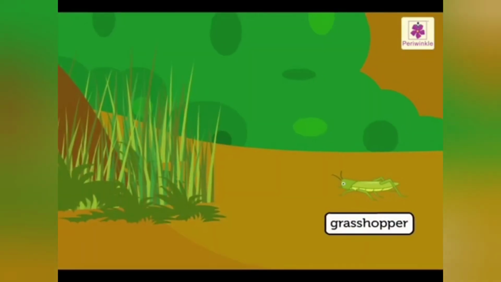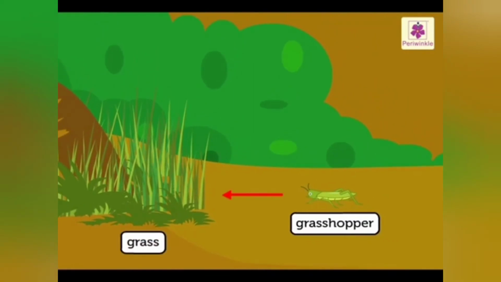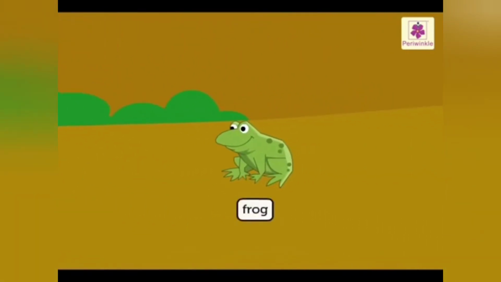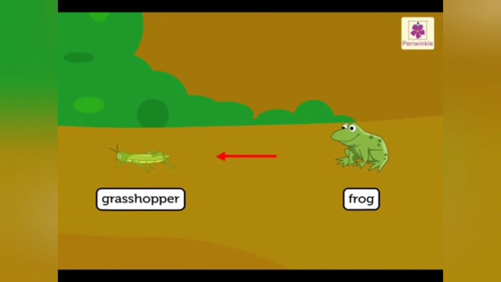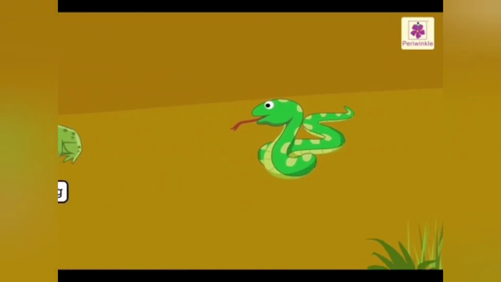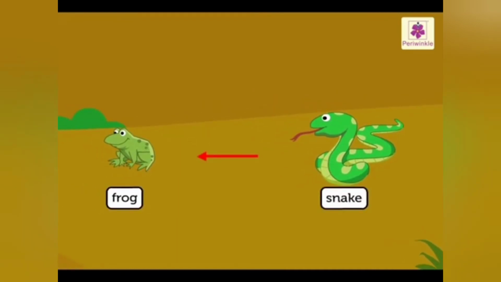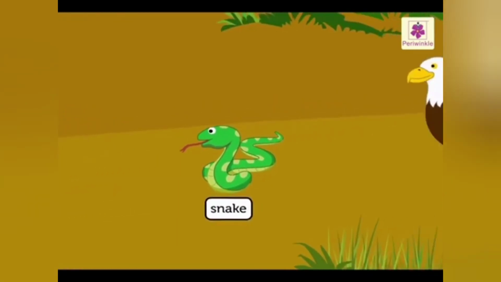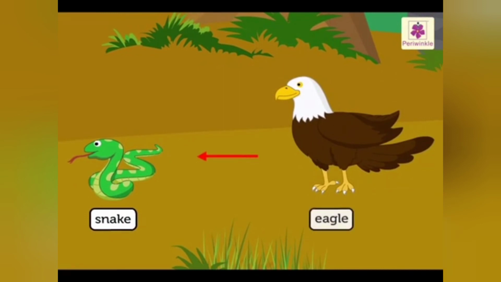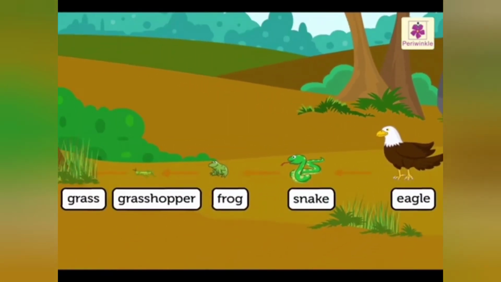The grasshopper depends on the grass for its food. The frog depends upon the grasshopper for its food, who in turn becomes food for the snake. The snake finally gets eaten by the eagle. But how does this help the grass?